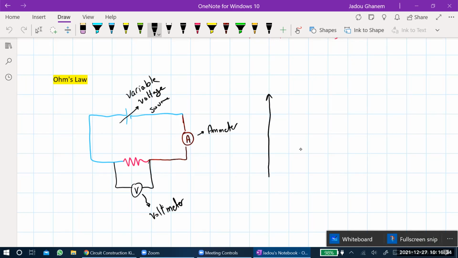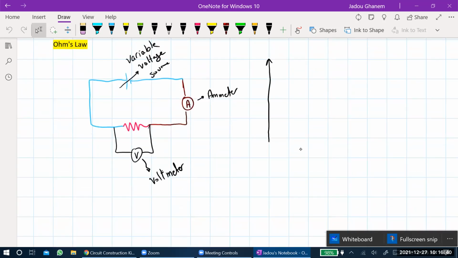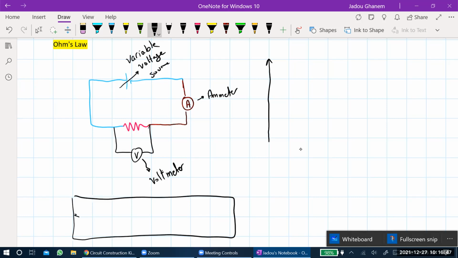If we take a set of values, let me draw it as a table first, it's better. So this is U in volts, and this is I in amps.